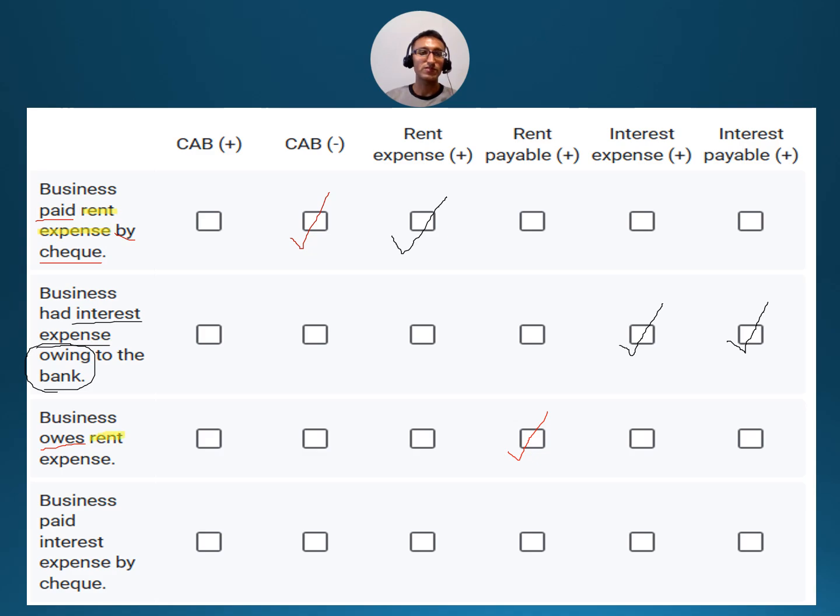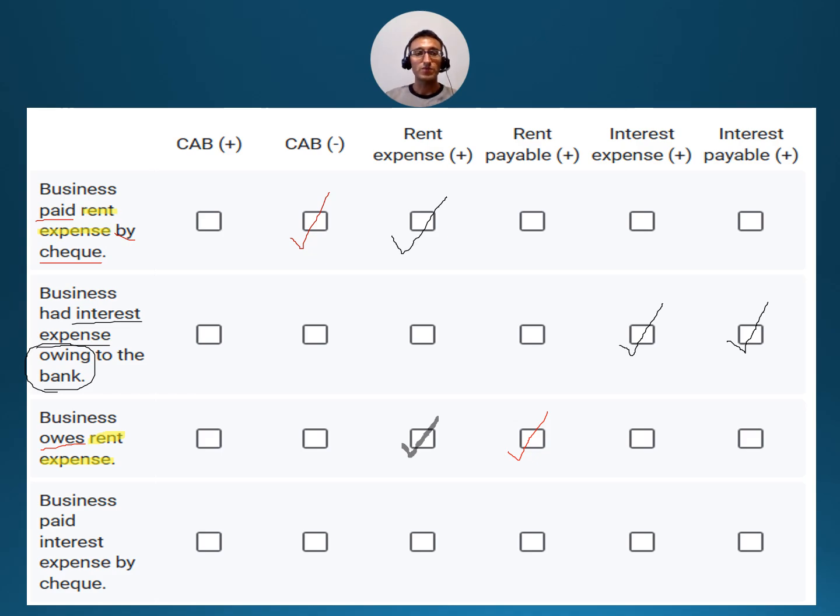So this service here is rent. Since the business has consumed more rent, or the business has used up this rent service provided by another party, we would record it as the rent expense account increasing, because the cost to the business has gone up.